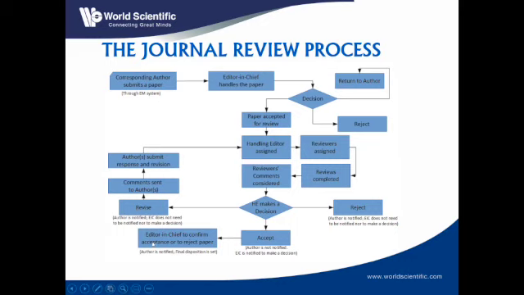Then the editor-in-chief or the managing editor is the final one who clicks the button to inform the author about the acceptance or the rejection. Only when your paper is either accepted or rejected is the whole peer review process considered finished.